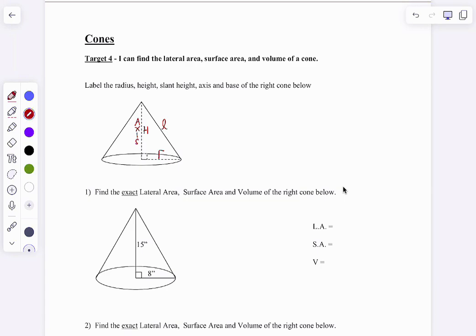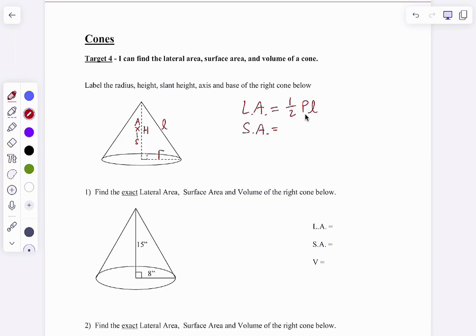Okay, I'll write the formulas down for you. And I know you have them on your formula sheet, but it helps to see them. So again, that's the same as the pyramid formula for lateral area. Lateral area does not include this circle. And that P is perimeter of the base, which for a circle is circumference.